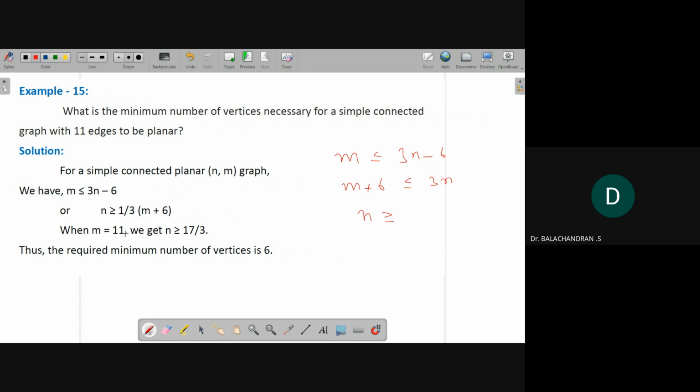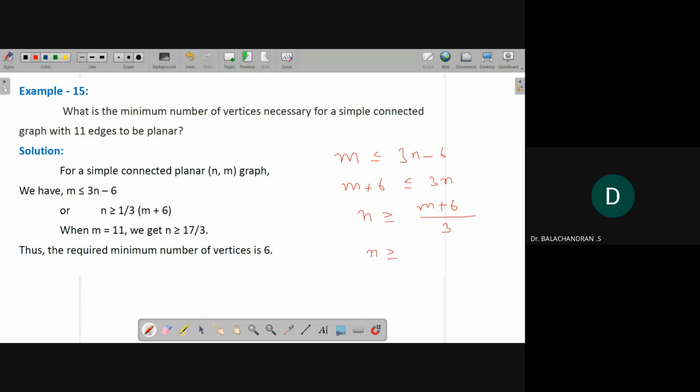If m is 11, I think this is correct, we'll check it. n is greater than or equal to (m plus 6) by 3. Now m, the number of edges, is 11.